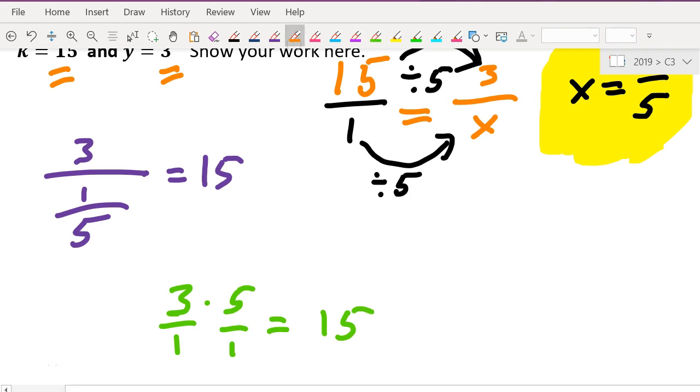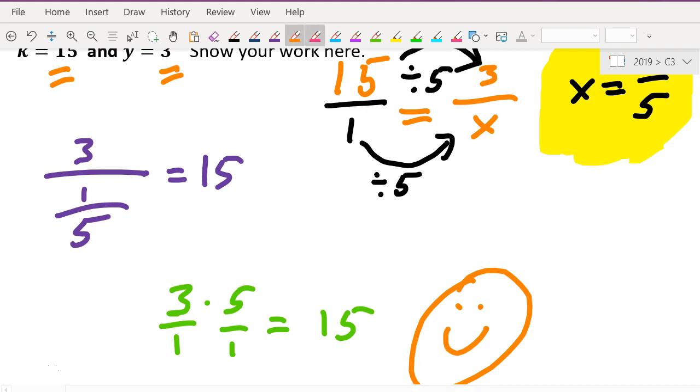So yes, it checks out. Do you see what I did there? 3 divided by 1/5 is the same as times 5 over 1. Yeah, flip it over, right? That was such a great problem.